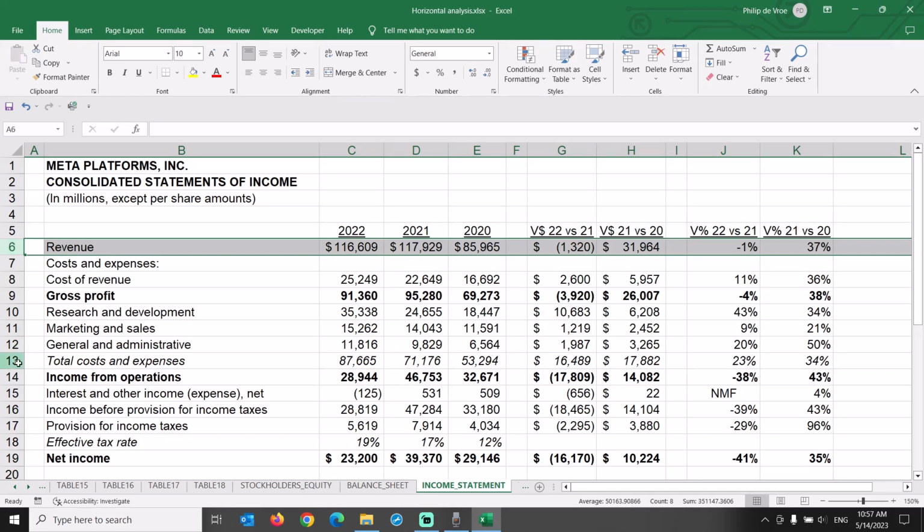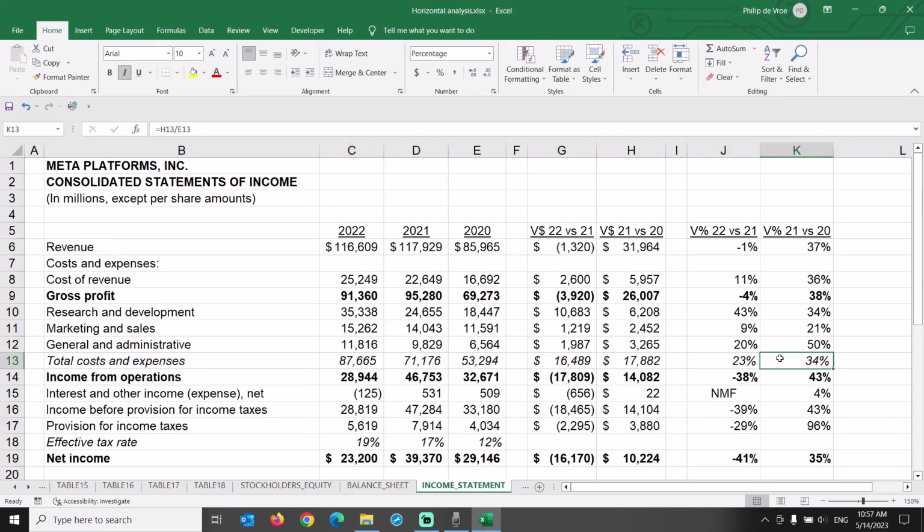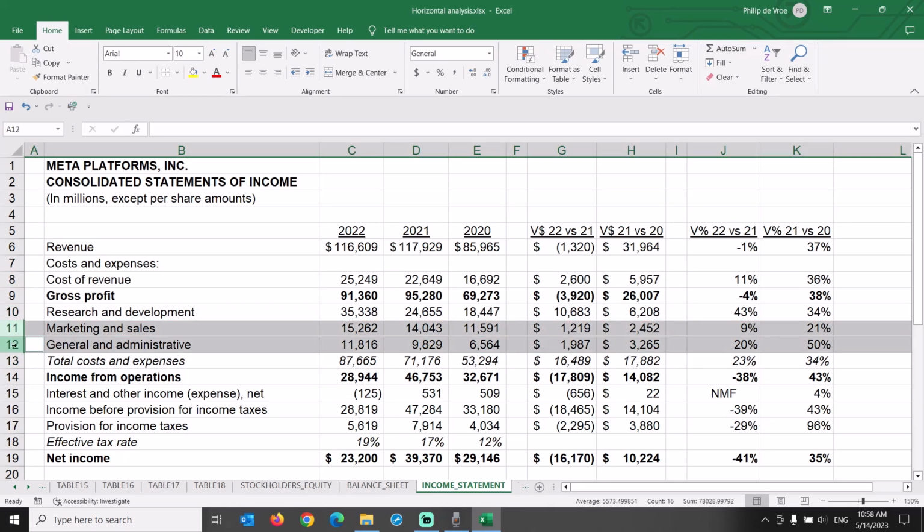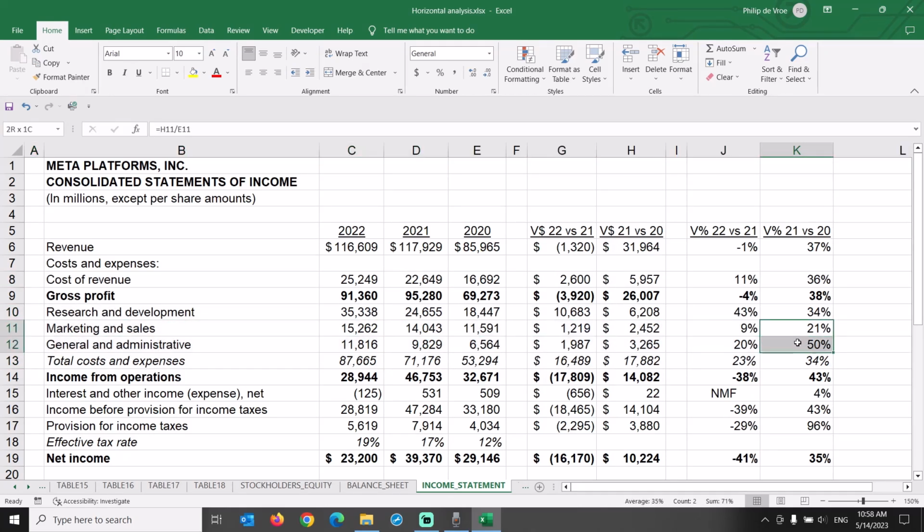And when total costs and expenses grow 34%, which is slower than the revenue growth, then operating income can grow faster than revenue. Of the four expense lines, both cost of revenue and research and development are at or near the average increase for total costs and expenses, which is 34%. However, marketing and sales expenses grew 21%, while general and administrative expenses grew 50%.